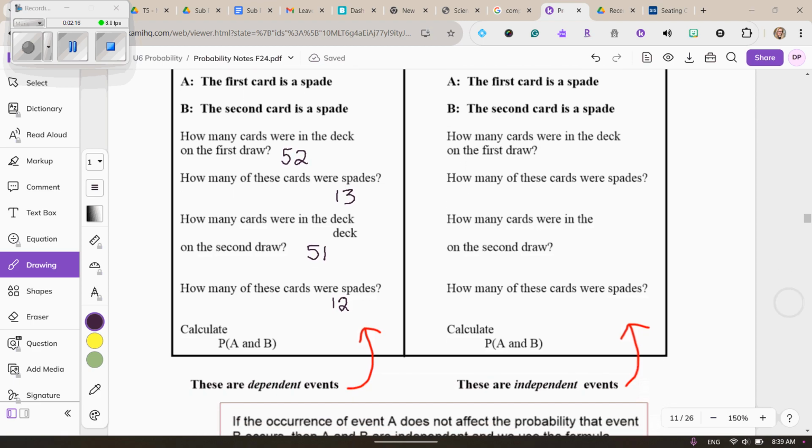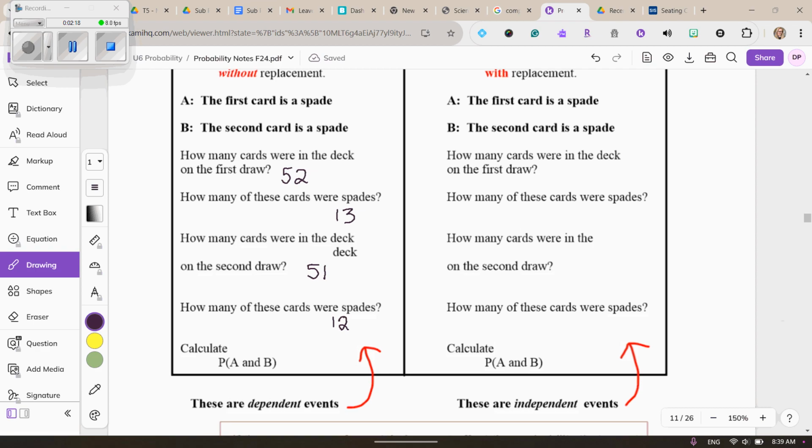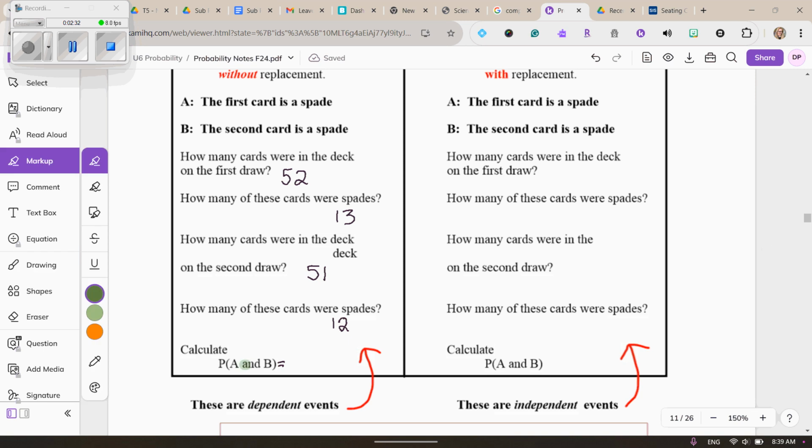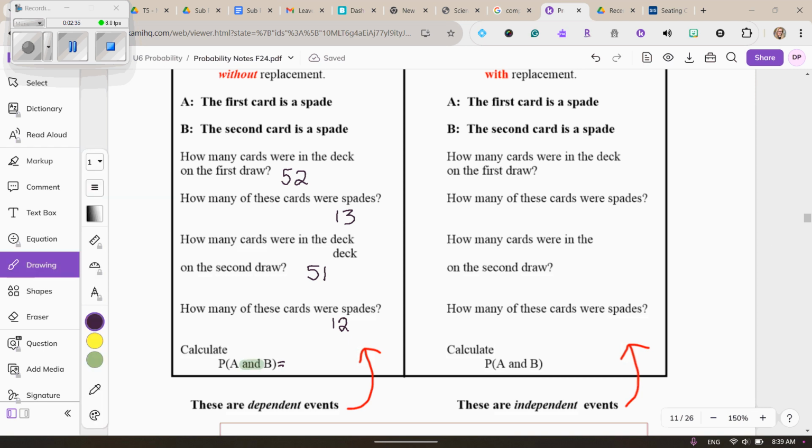Now if I wanted to calculate the probability of A and B, drawing a first card of spade and the second card of spade, I would consider that the word and means multiply.